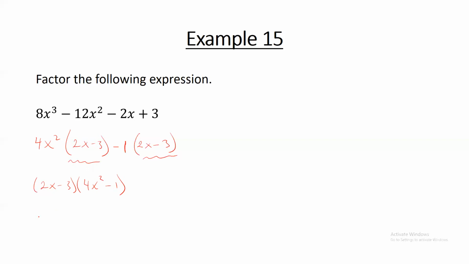So we could again use the difference of squares on the 4x squared minus 1. We will leave the 2x minus 3 as it is, but 4x squared minus 1 is, of course, 2x plus 1 times 2x minus 1 with the difference of squares formula.